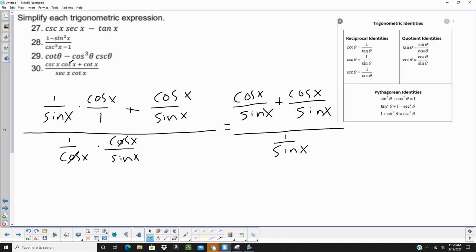So it looks like we are going to be able to do some canceling. I'm going to go ahead and write down every single step. Cosine over sine plus cosine over sine would be 2 cosine over sine. And I'm dividing by 1 over sine, which is the same as multiplying by the reciprocal.